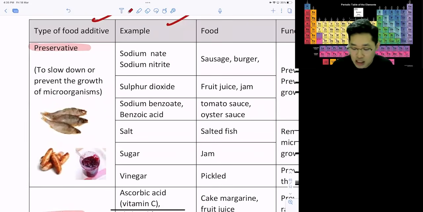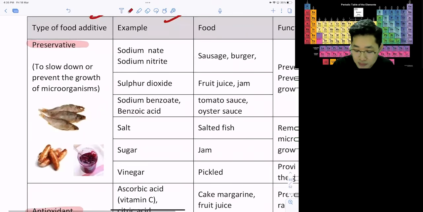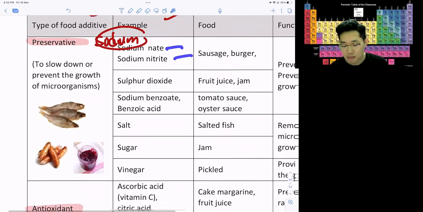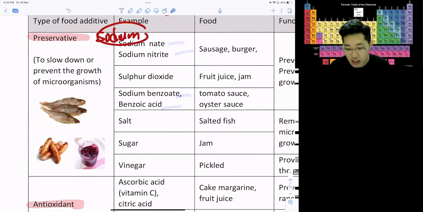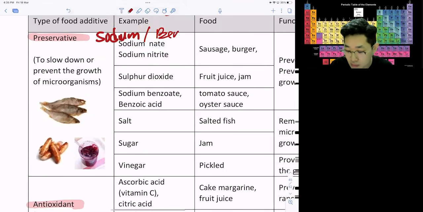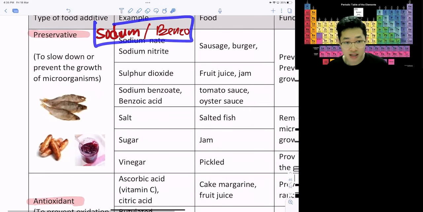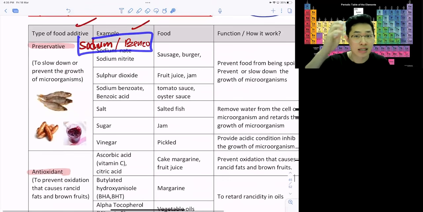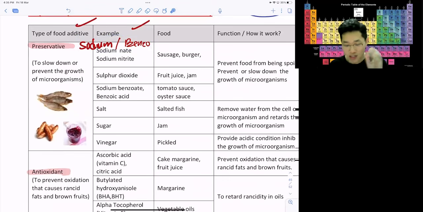Remember, when you see the word sodium, sodium nitrate, nitrite, benzoate, they are preservative. Okay, these are the ones that you have to remember. Okay, sodium or benzo.